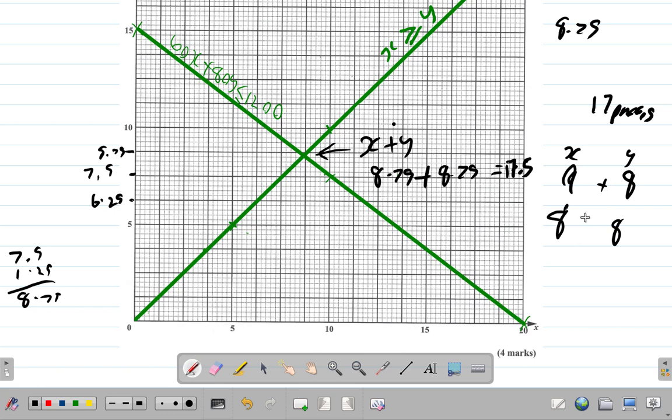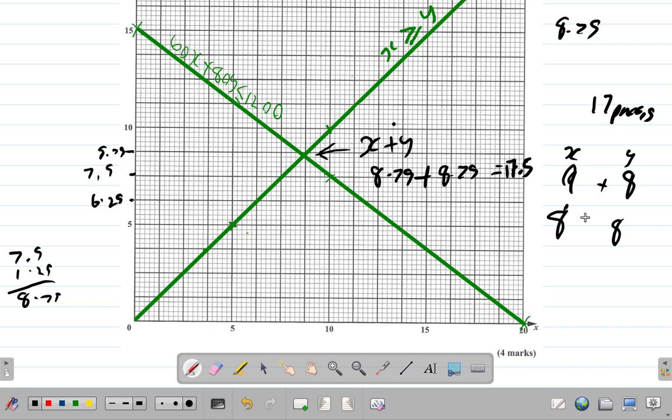So you can see right here the intersection works. That is where they buy the maximum number of phones. You see that? That works at the intersection.